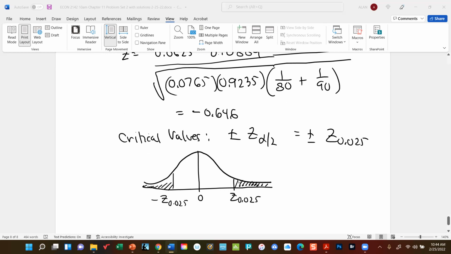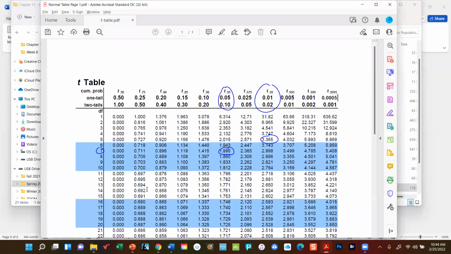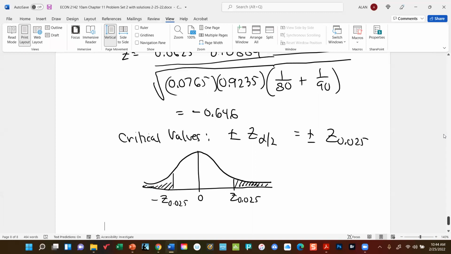Okay, so if we looked in a table, let's get that table. All right, so what we're actually looking for is the area below this upper limit. Everything below this is a total of 0.975.